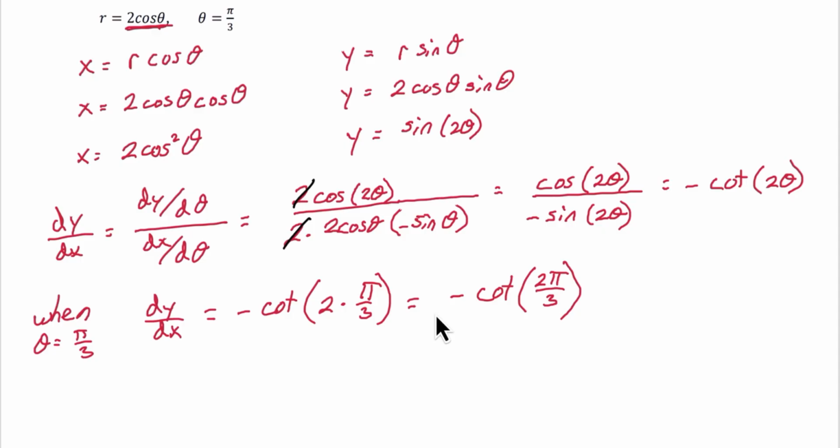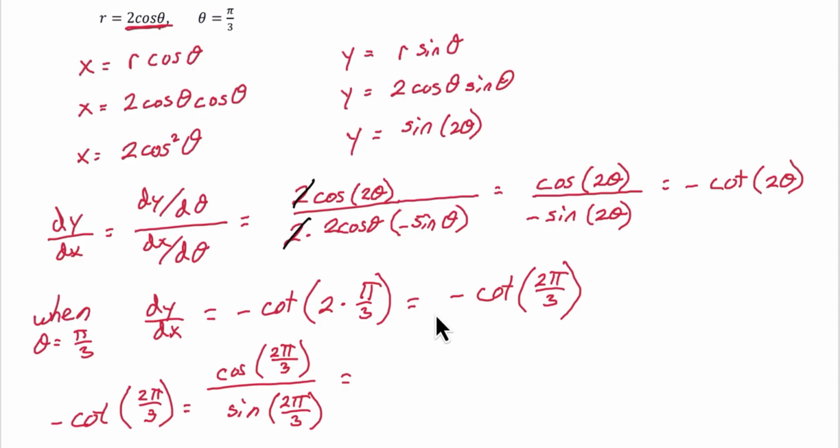Now to help simplify that, let's think of negative cotangent of 2 pi thirds as the reciprocal of tangent, or we can think of that as cosine of 2 pi thirds divided by the sine of 2 pi thirds.